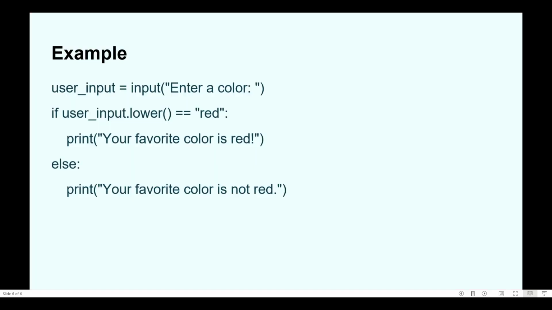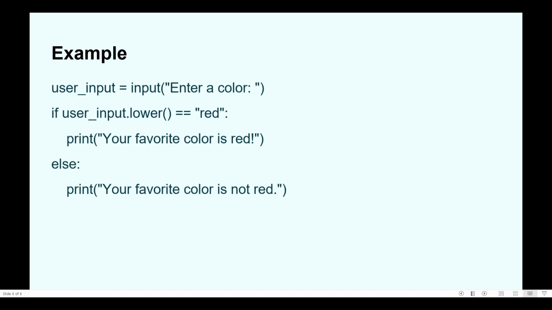Here is another example of an if statement. user_input is the variable that we have assigned, equals input, enter a color. So here we can manually type the color. It can be red or blue or any other color. What the Python interpreter will do is see whether the color is red or not.